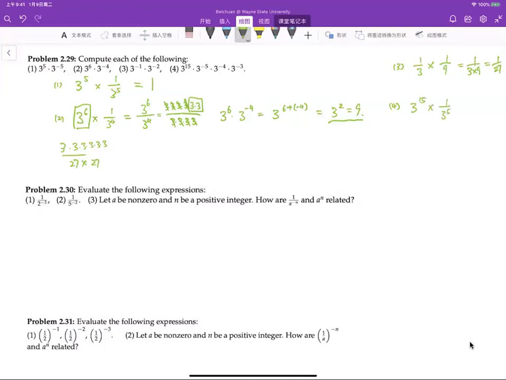Yeah, 1 over 3 to the power of 5, and then times 1 over 3 to the power of 4, and then times 1 over 3 to the power of 3.